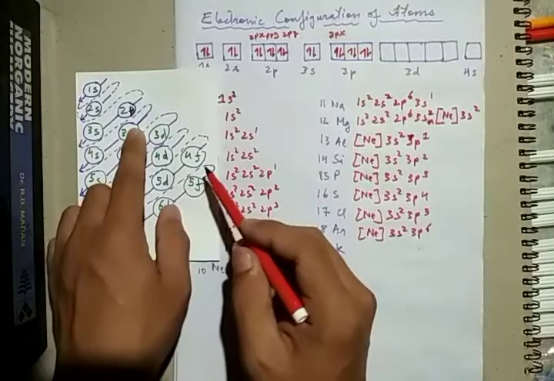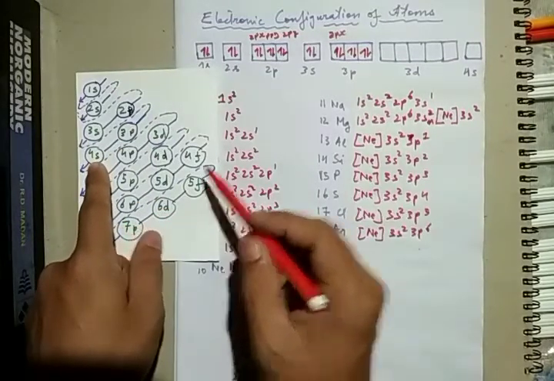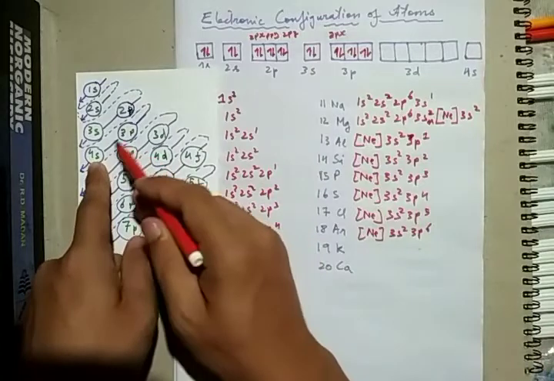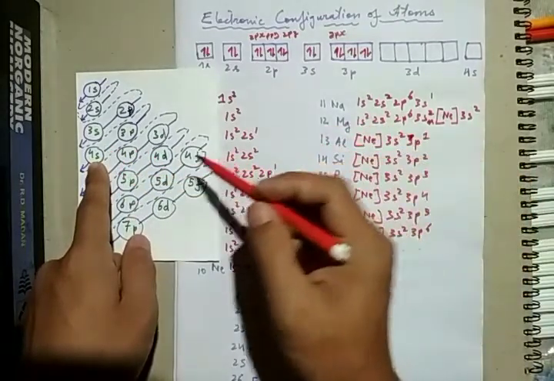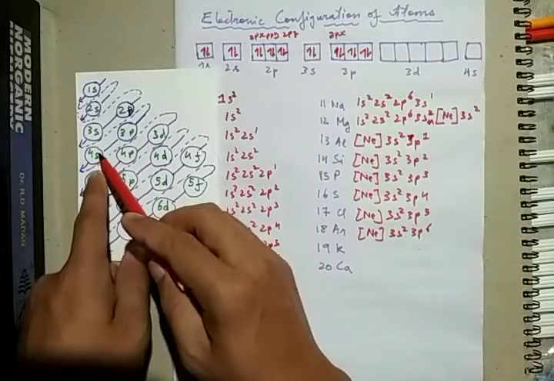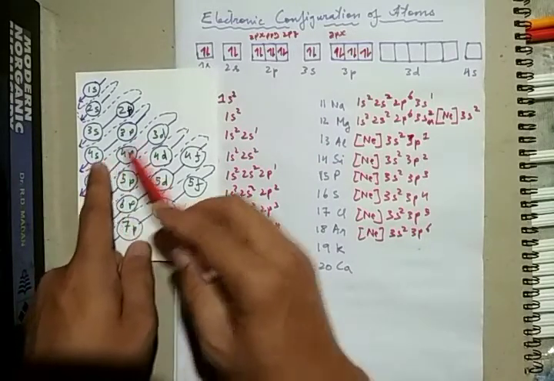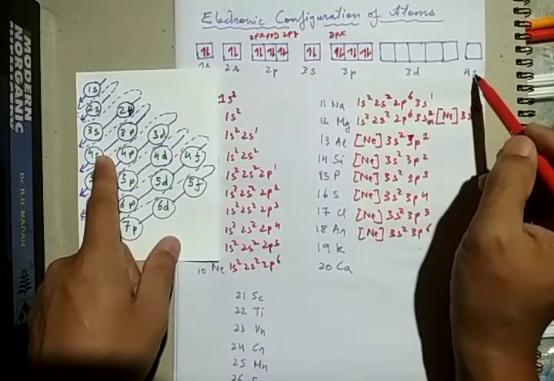After 3p, 4s comes. These are arranged according to the energies. After 3p, 4s comes, and then after 4s, 3d. That means 3d has higher energy than 4s.